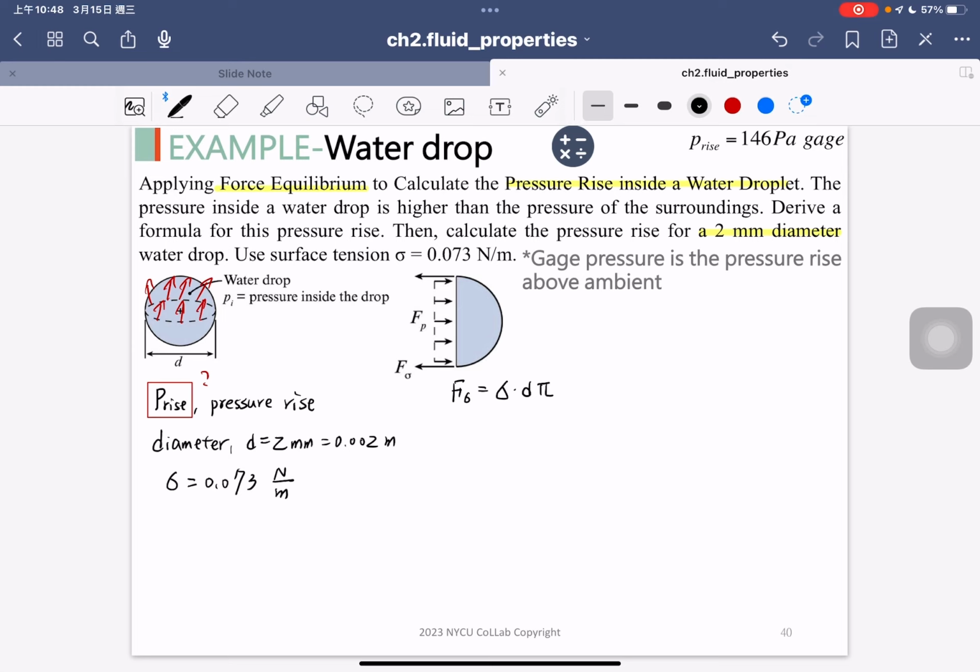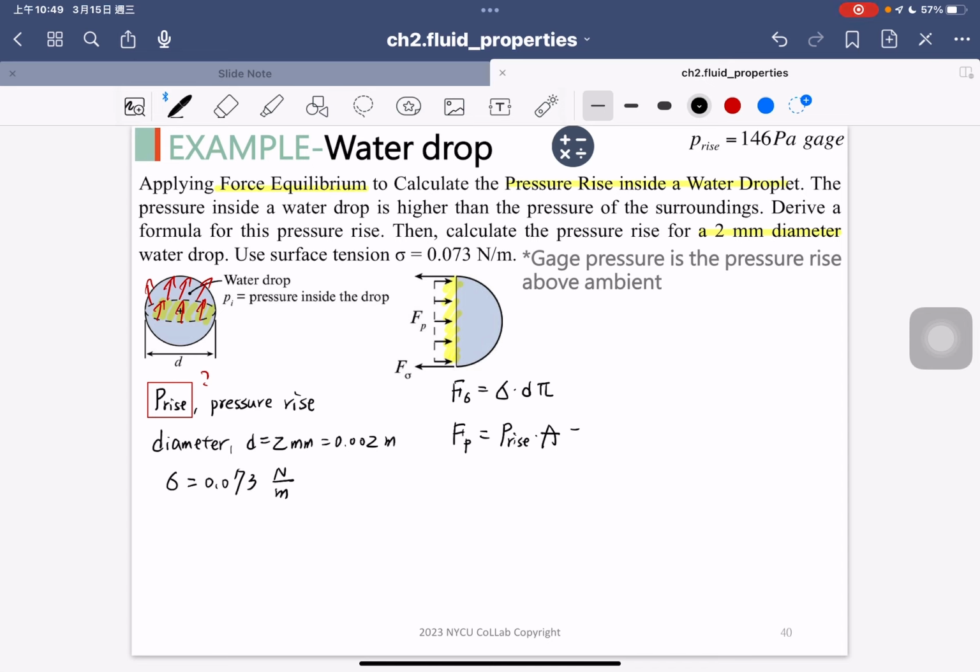But what's the pressure? We need to consider how large the pressure rise is. And this pressure rise just acts on the circle area. So we have the circle area in here, and we have an inside pressure rise acting on the circle area. So the pressure force will equal the pressure rise acting on the circle area, right?